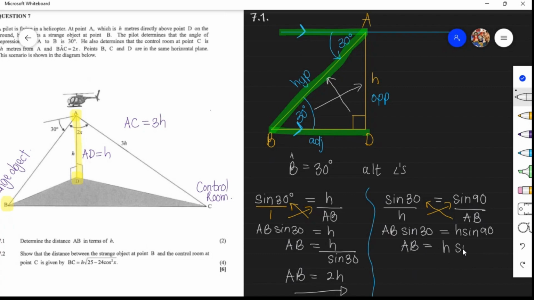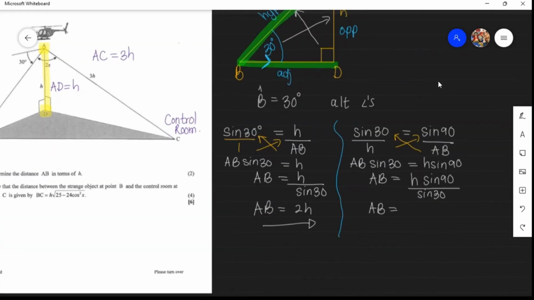So I'll end up with h sine 90 over sine 30. And you can put this into your calculator, so you won't put the h, you'll just put sine 90 over sine 30, and that is going to give you a value of 2. So you therefore know that AB is equal to 2h.